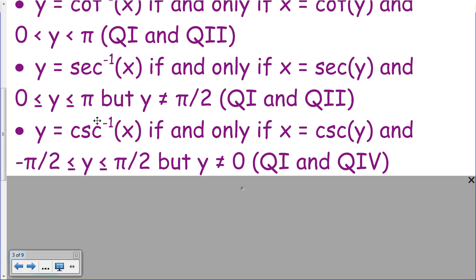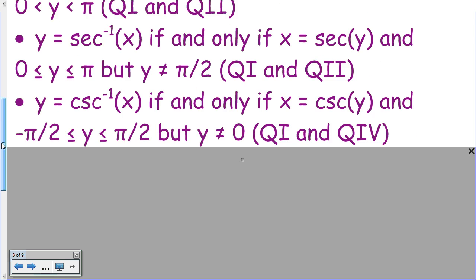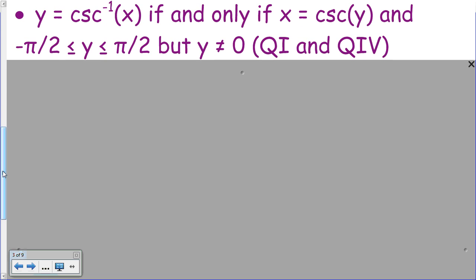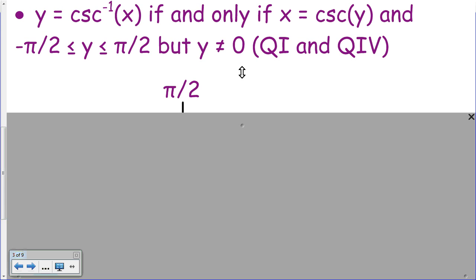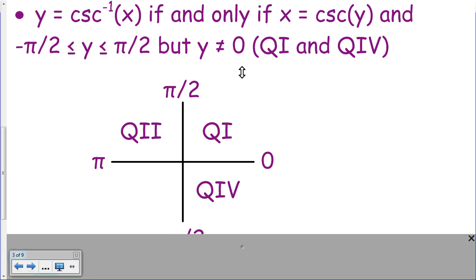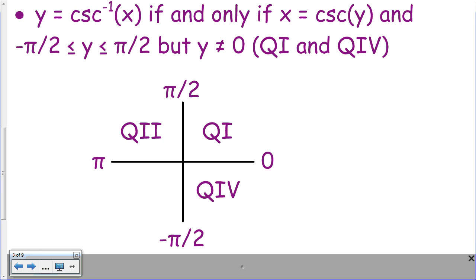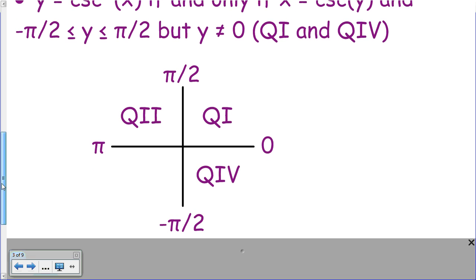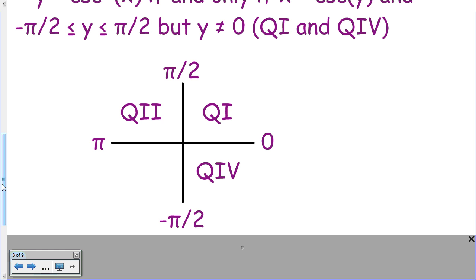Now, if you need a refresher as to why we know that these angles are in which quadrant, here are the 4 quadrants that make up our coordinate plane. We have quadrant 1, 2, and 4 labeled. I left off quadrant 3 because, as you saw up above, none of these inverse trig functions were defined in that range that involved quadrant 3.